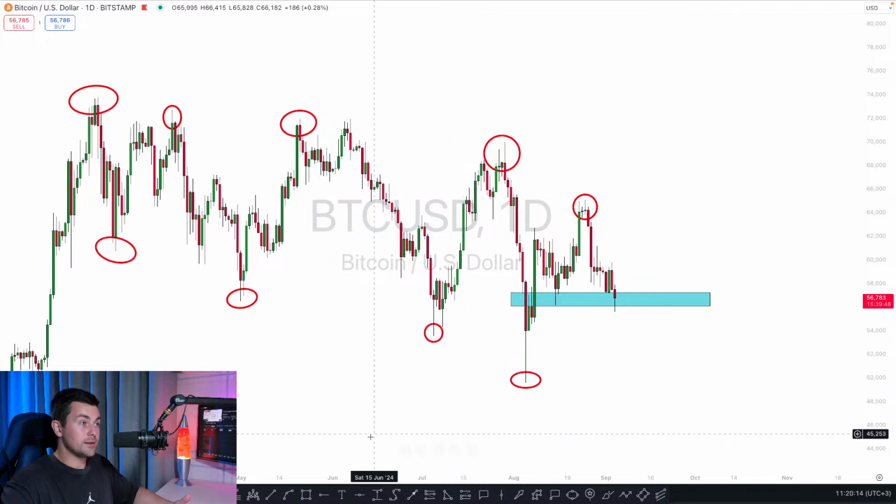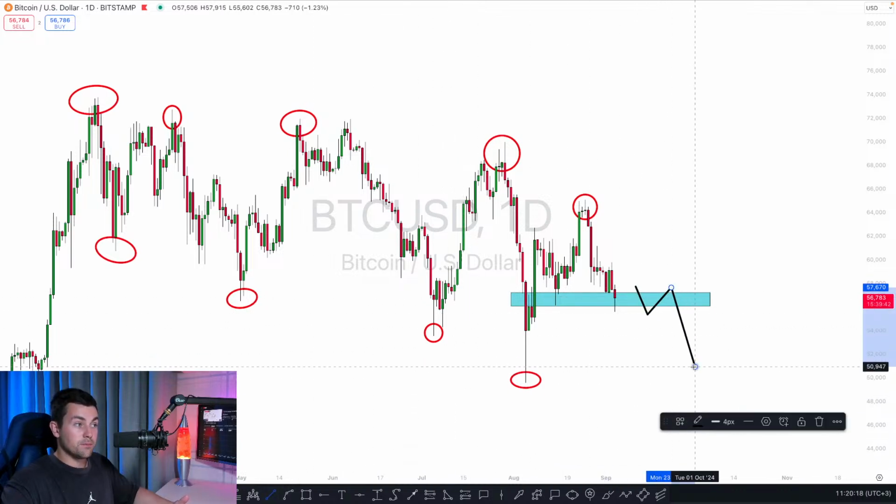And if a daily candle closes below that support, a potential will be open for a further bearish continuation. Most likely we will reach then the 50,000 level, and potentially we will drop even lower, updating the low. Yes, you can see that Bitcoin has a clear tendency to update the lows.